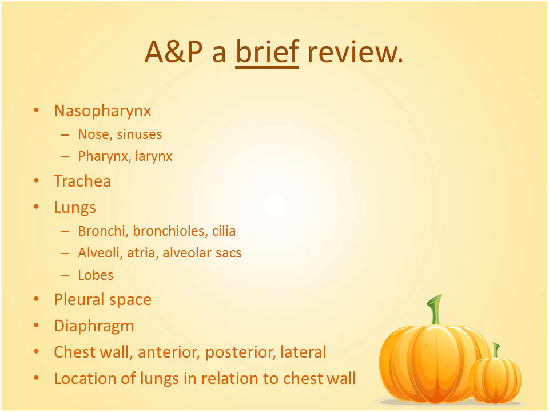At the same time, carbon dioxide is going the other direction from the bloodstream across the capillary wall, across the alveolar wall, and into the alveolar sac, where it's then exhaled through the atria, the bronchioles, the bronchi, the trachea, the pharynx, and the nose or mouth.